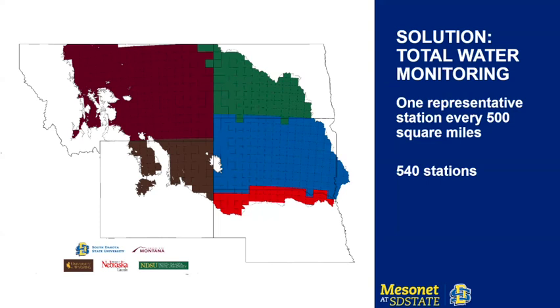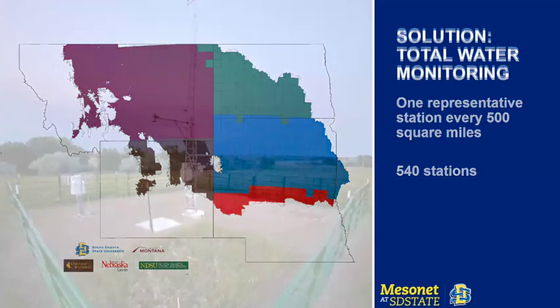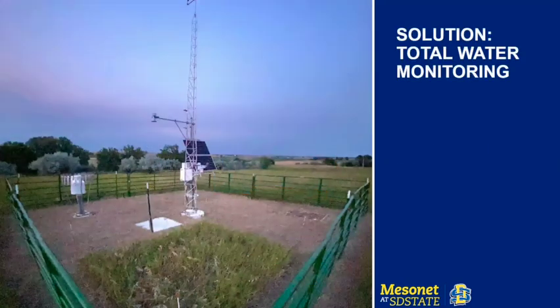Here you can see the whole upper Missouri River Basin plains divided up into 500 square mile boxes, colored by the university that will be instrumenting them. That works out to 540 stations altogether, and the coverage area is over 250,000 square miles.